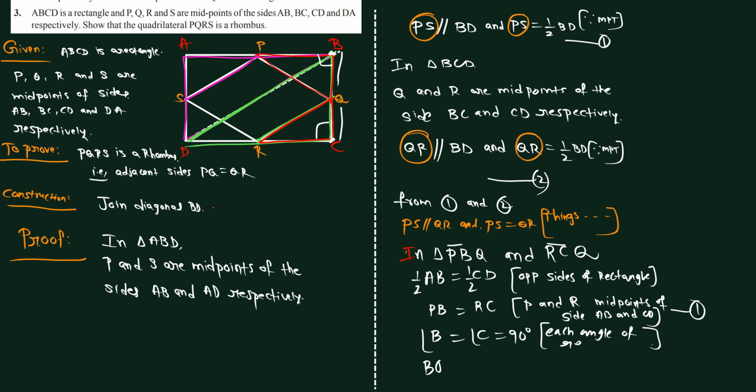Okay. Otherwise, you write here angle of rectangle. Now, can I write this BQ equal to QC? BQ is here, so CQ, you write CQ. BQ equal to CQ. Why is it? Q is the midpoint of side BC.